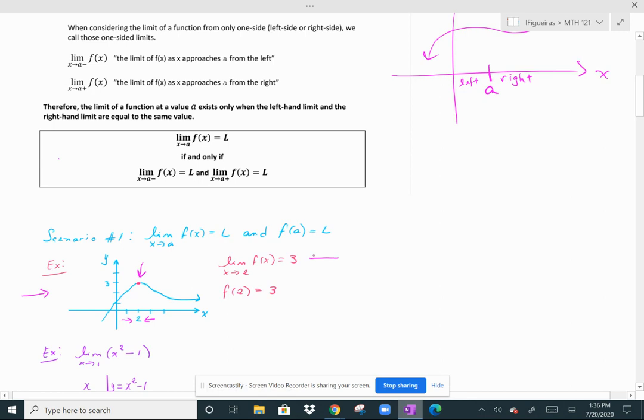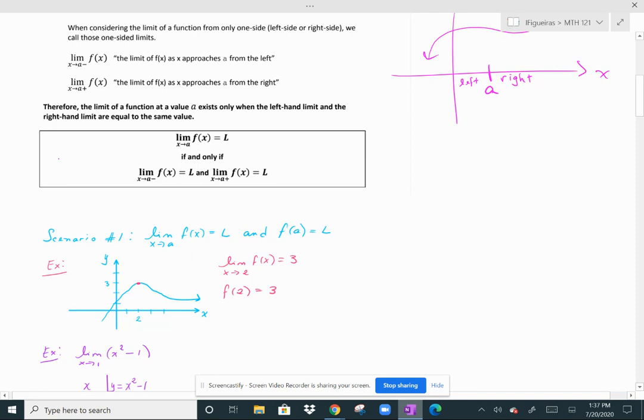So your limit value is 3. But since this is a graph without any holes or asymptotes, you can see that f of 2 is also equal to 3. So this is an example of where the limit value and the function value are the same as you get at 2 and as you get closer to 2.